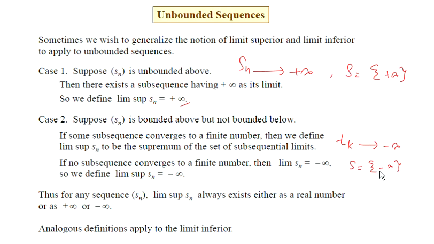The limit superior will be minus infinity, because in this set the largest is minus infinity. So conclusion: the limit superior always exists. In any case, the limit superior always exists.